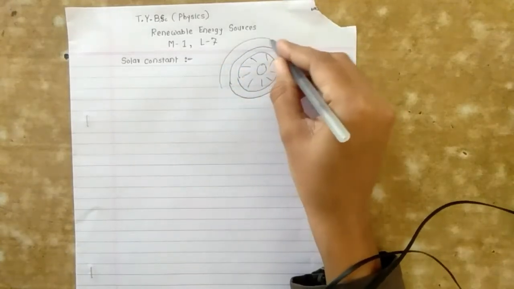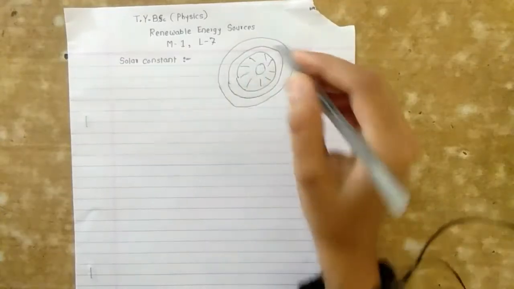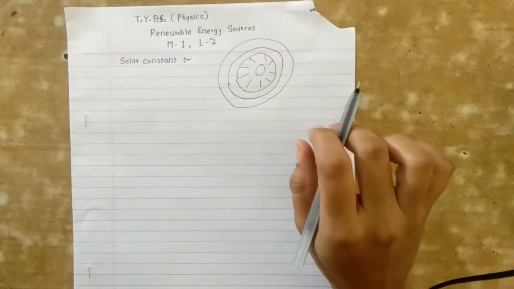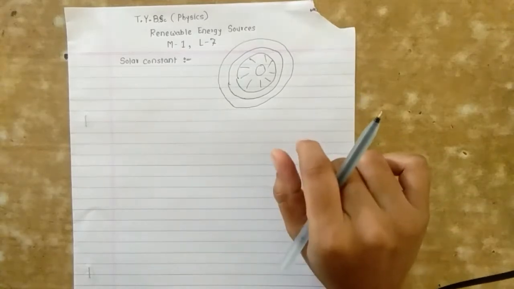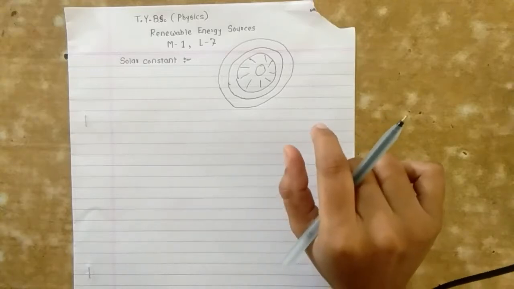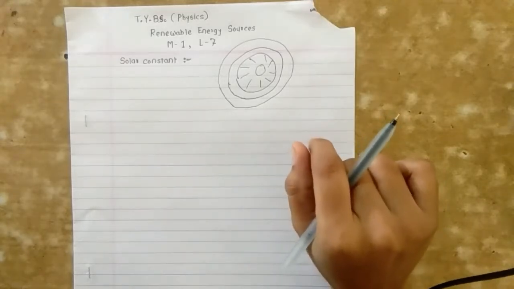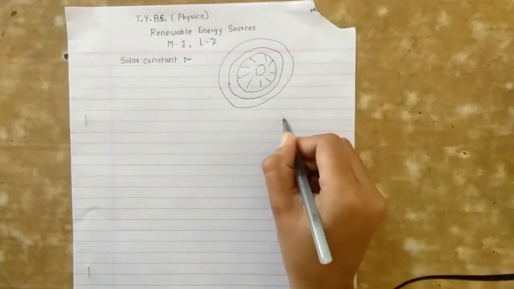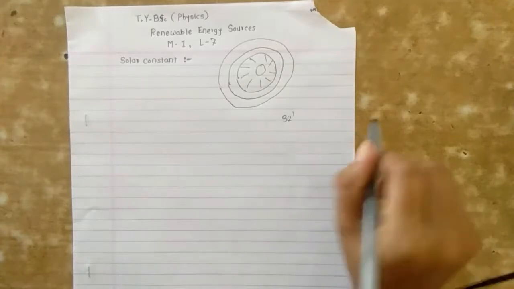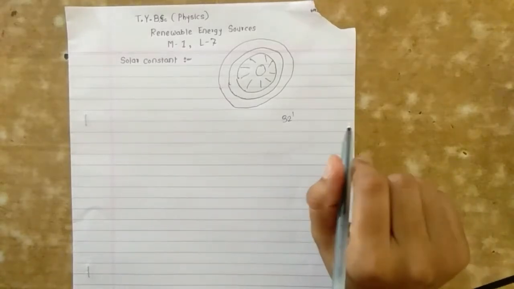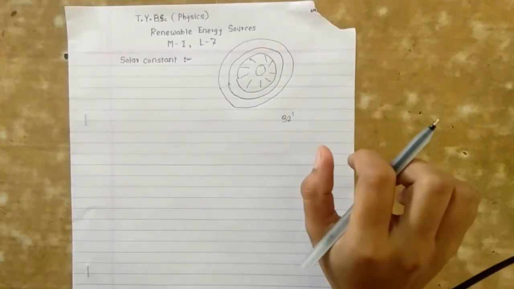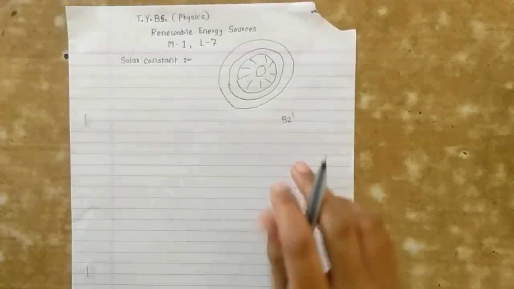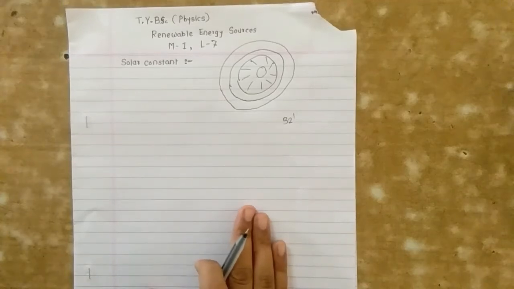We have to calculate the intensity of the radiation emitted by the sun, which subtends an angle of 32 minutes at the earth's surface. Now we will see the derivation of the solar constant.